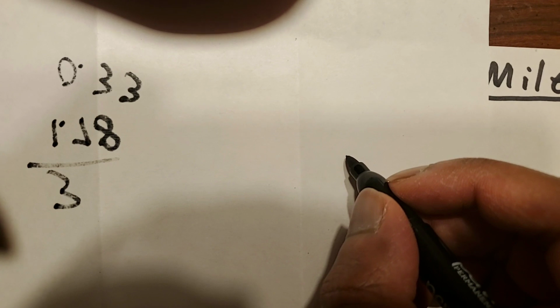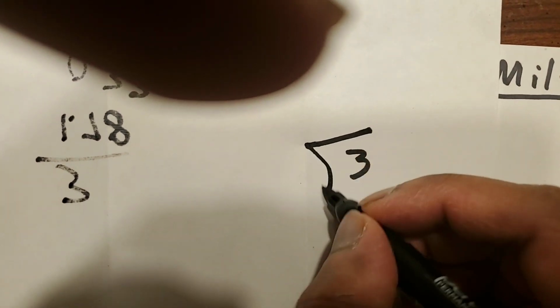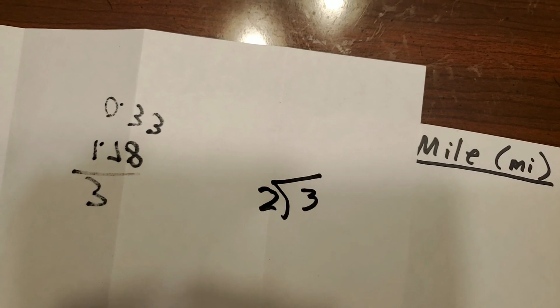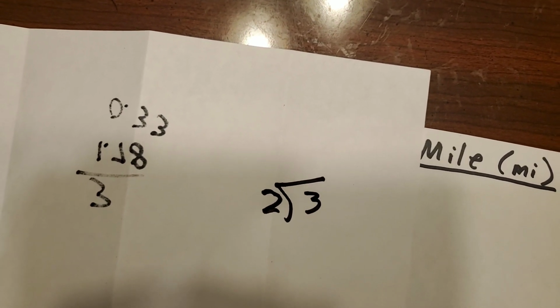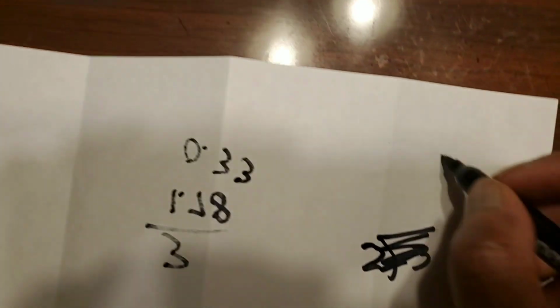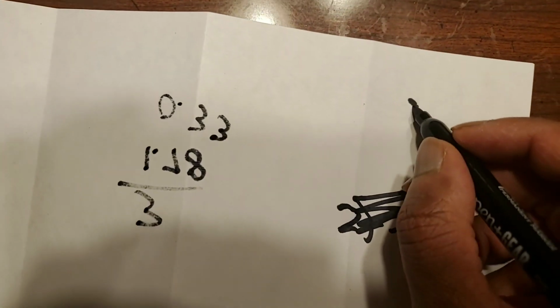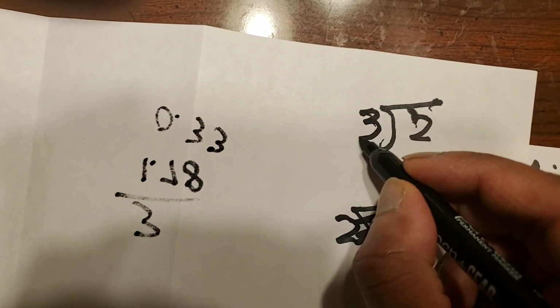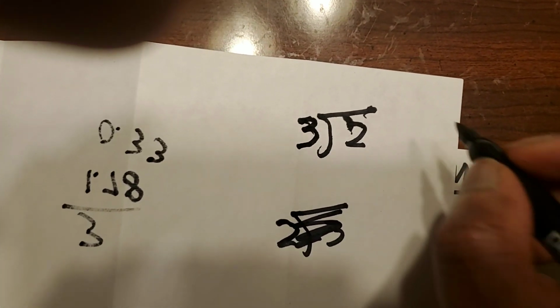Or even on a sheet of paper, I could say 3 divided by 2. Oh, sorry, wrong way. You could say 2 divided by 3.